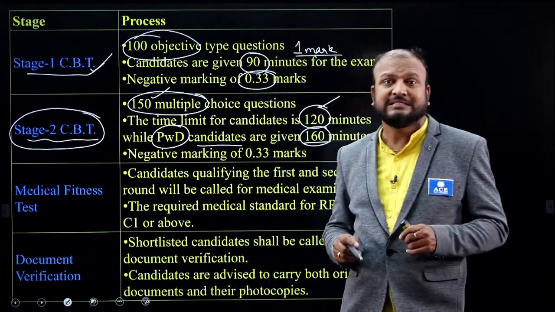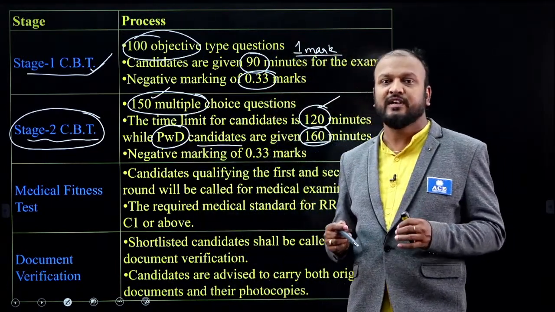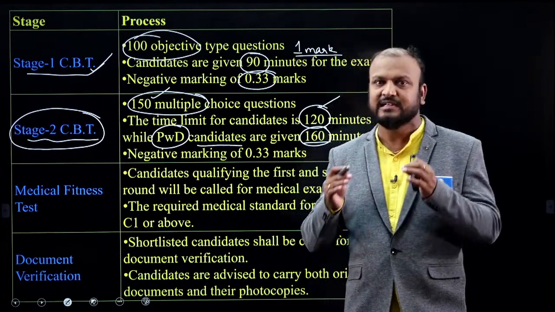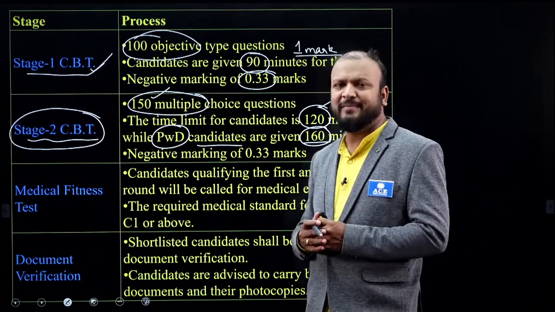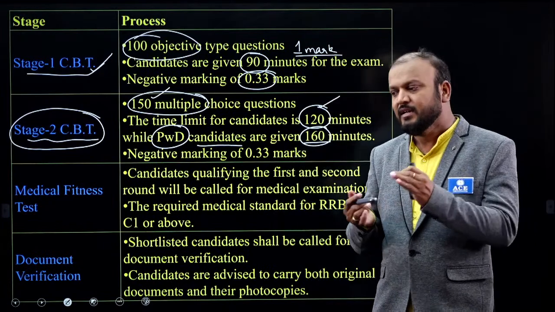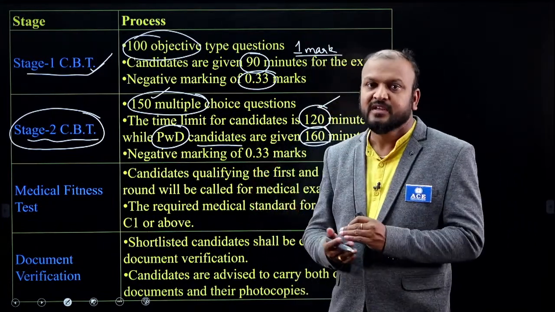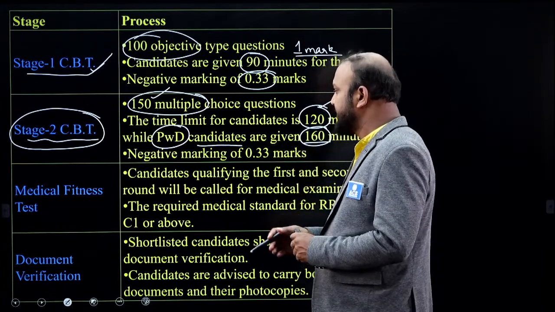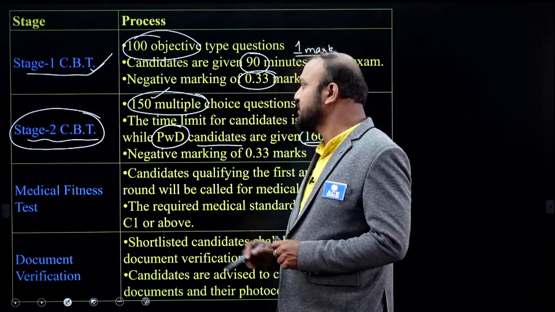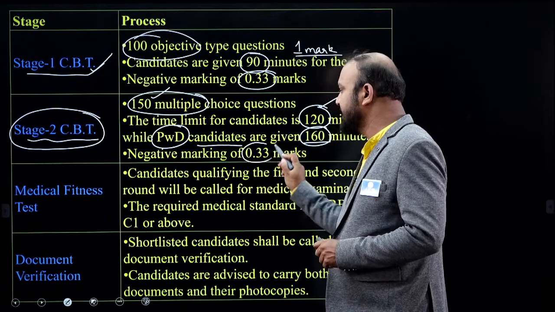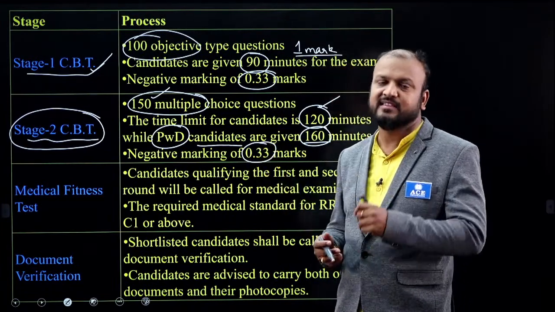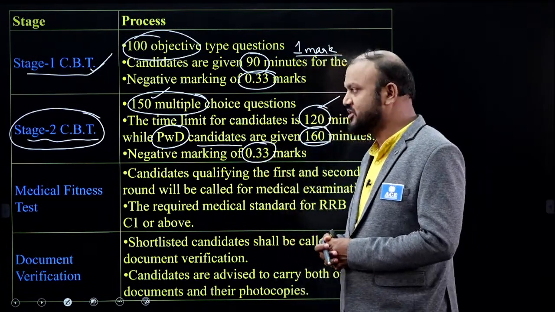But don't think that 150 questions in 120 minutes, time is not sufficient. Time is sufficient. Why? Because most of the questions are diploma level, so by looking at the questions, you are able to answer them. And in CBT 2 also there is negative marking of 0.33, means 1/3 negative marking for each question.